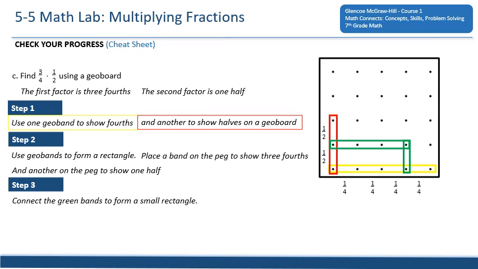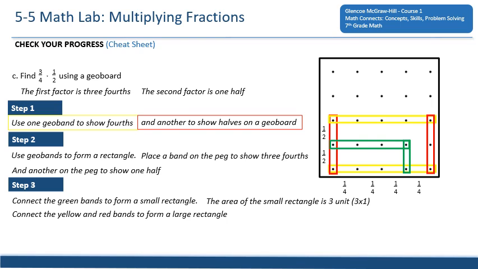Then we're going to take the green bands and form a rectangle, and we end up with 3 units. It's 3 by 1. Then we're going to connect yellow and red, and we're going to have 8 units because it's 4 wide times 2 high. And now 3/4 times 1/2 equals 3 times 1 over 4 times 2. If we multiply that out, it's 3/8.